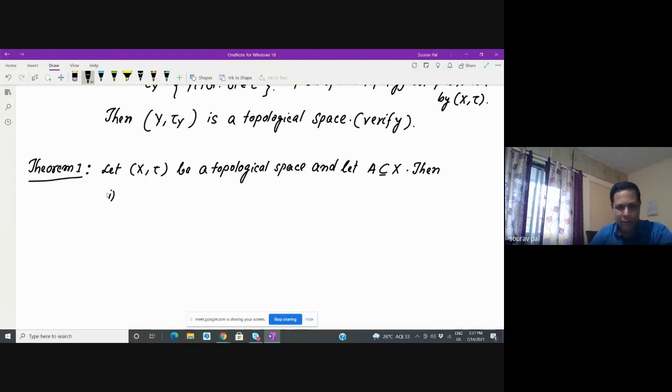Number 1: A interior itself is a set, right? And what is the interior of it? This is precisely A interior. Please verify this.